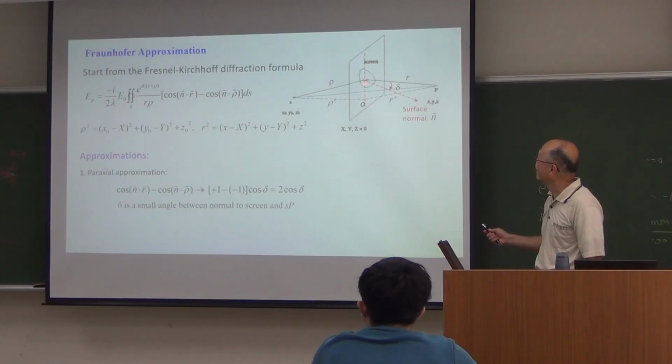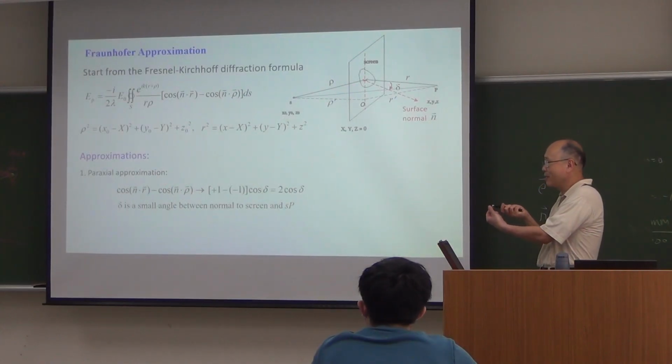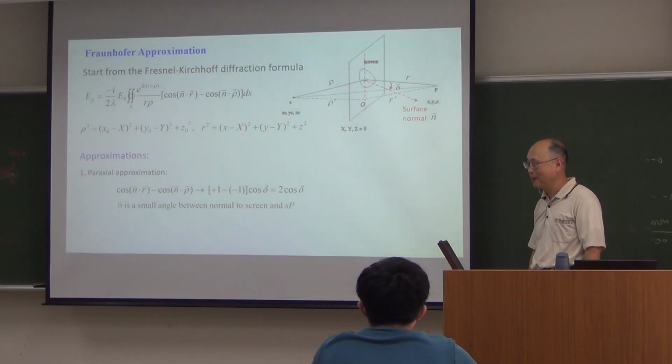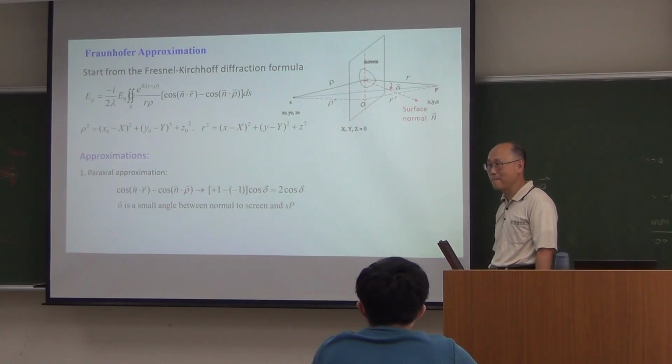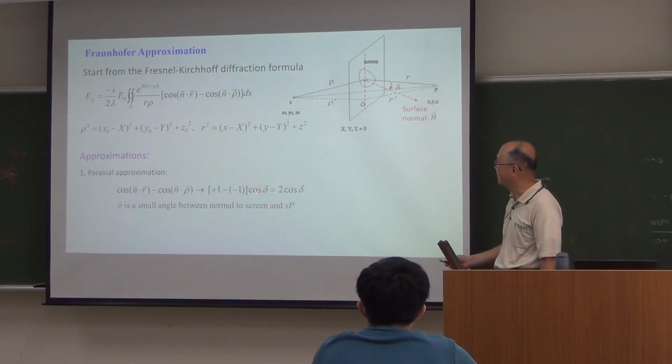This means that it's almost nearly normal incidence, so that we don't struggle with this factor, because this factor is so difficult to integrate. Take out this factor and put it outside.